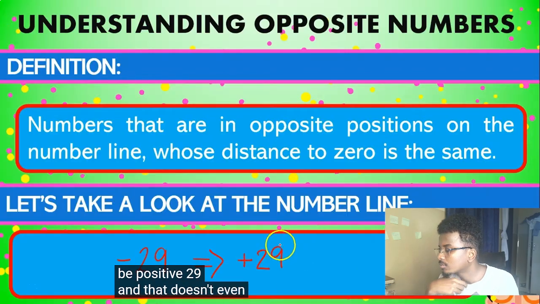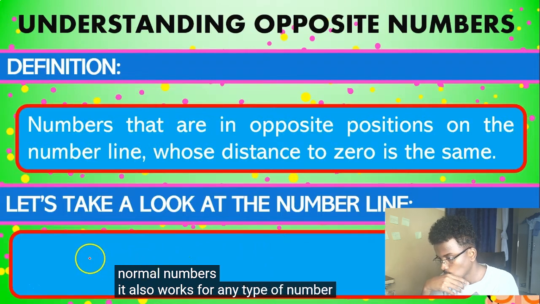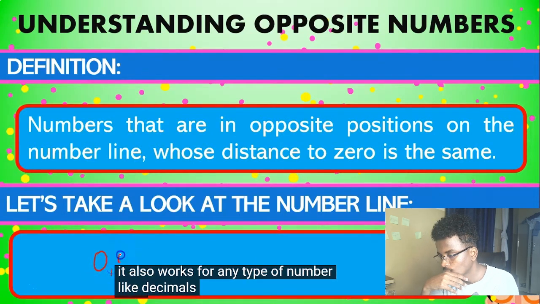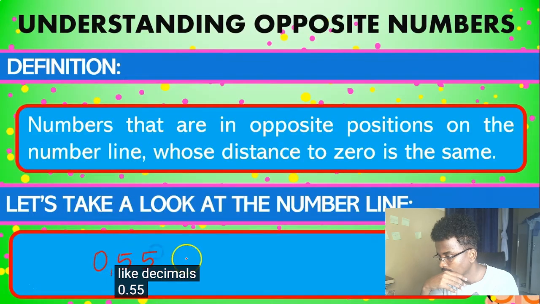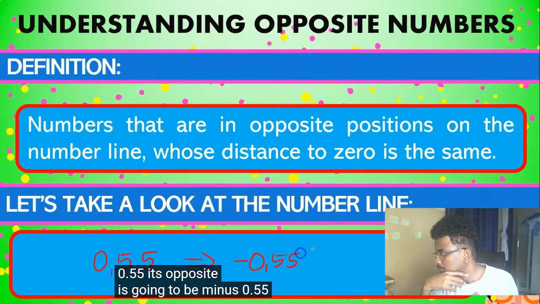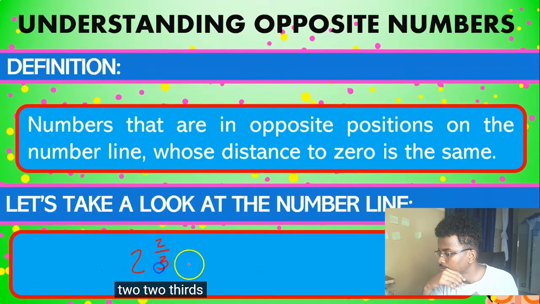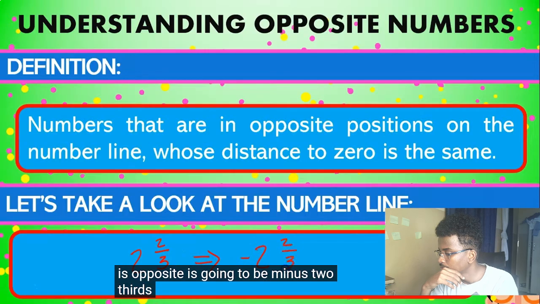And that doesn't even just work for normal numbers, it also works for any type of number, like decimals. 0.55, its opposite is going to be minus 0.55. 2/3, its opposite is going to be minus 2/3.